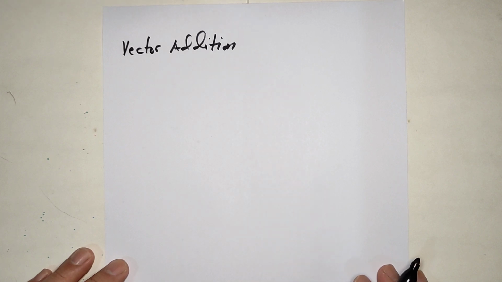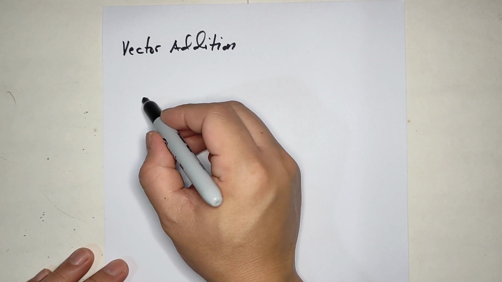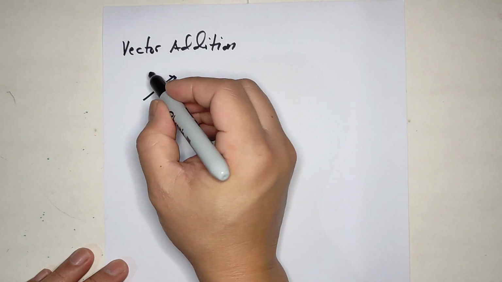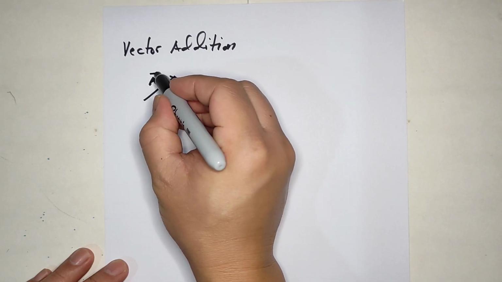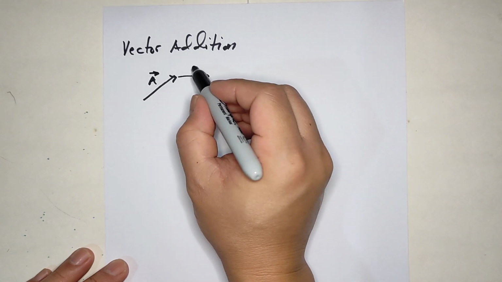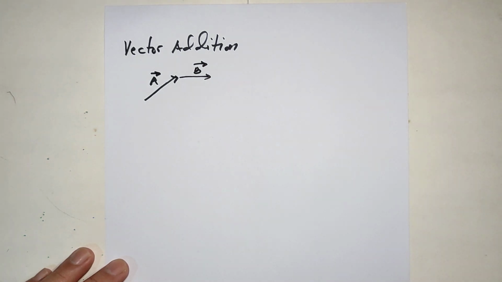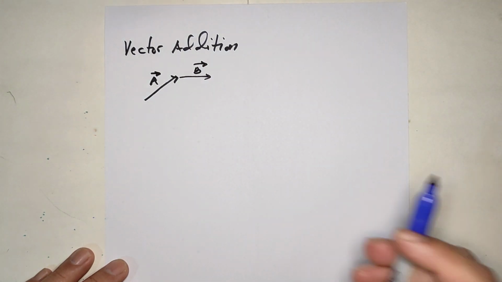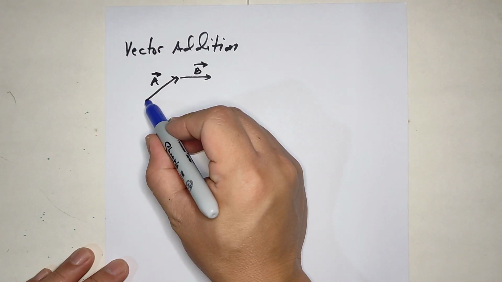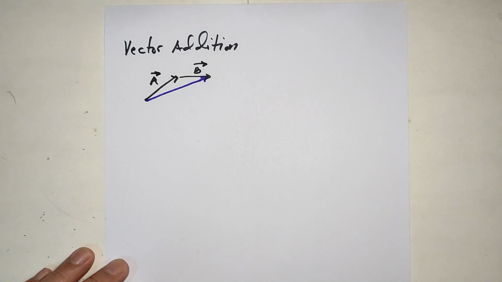Now if you have two vectors, for example vector A, let's say this is a displacement vector A, then vector B. Okay, this one from the start to end, we call that the sum vector.